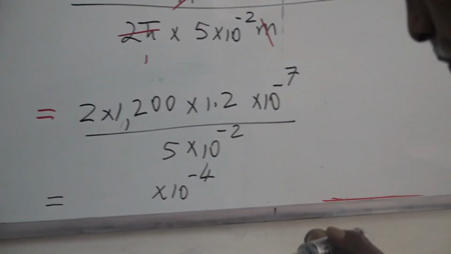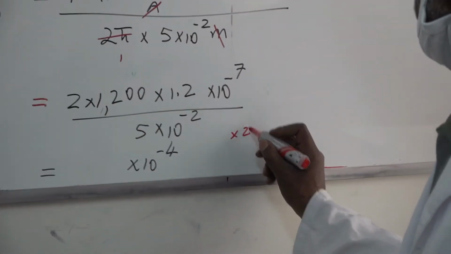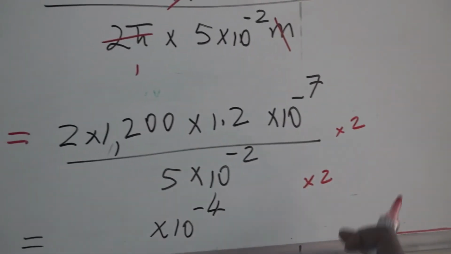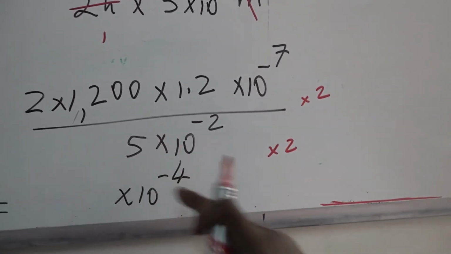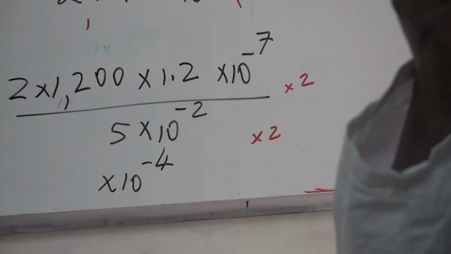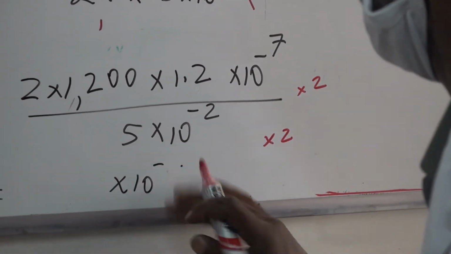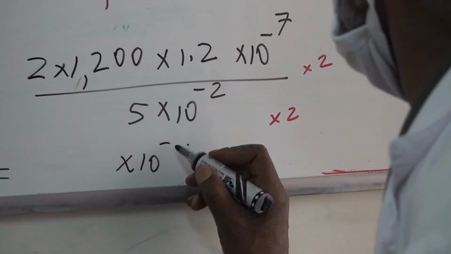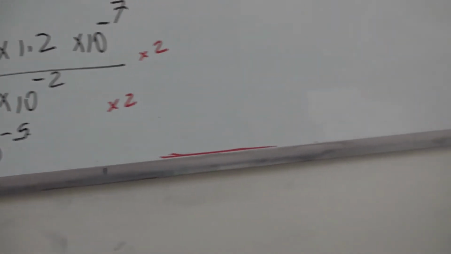I suggest multiply by 2 the denominator and by 2 in the numerator too, as we have done earlier. 2 times 5 gives you 10. And so the numerator becomes negative 1, and this becomes 10 to the power of minus 5. I run out of space. Be careful. So let me remove what I wrote down earlier.